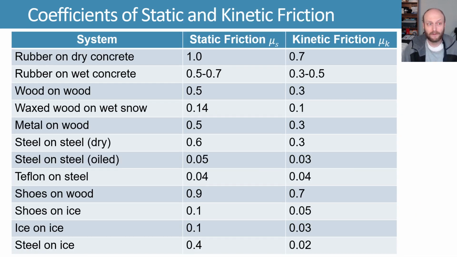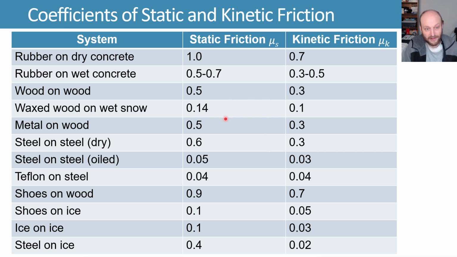Here are some coefficients of static and kinetic friction for various surface-surface interactions. Remember, both surfaces matter for this. So wood on wood, you get a static friction coefficient of about 0.5 and a kinetic friction coefficient of about 0.3. For some, you can get pretty high, and in fact, for some, you can get over 1.